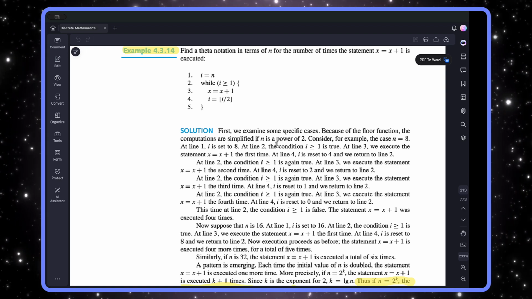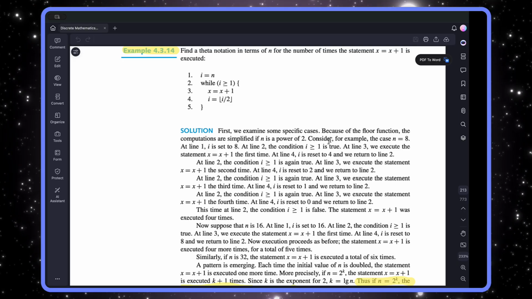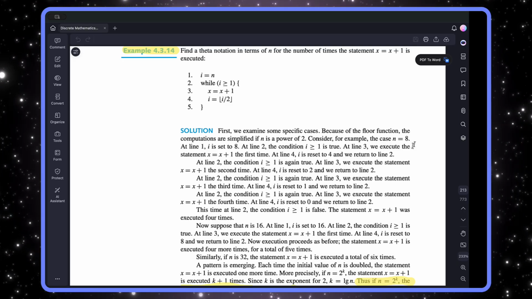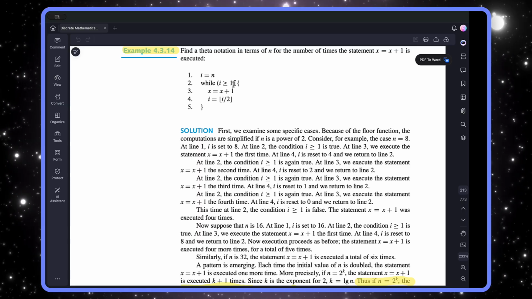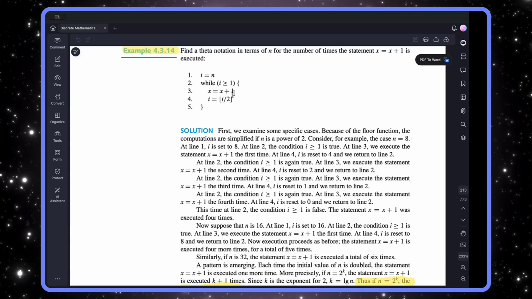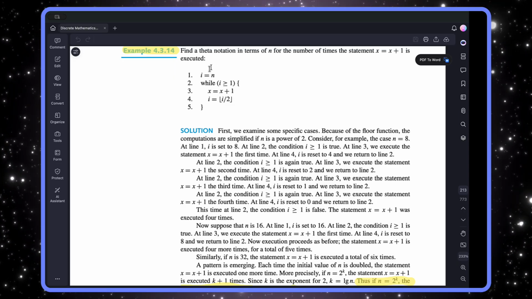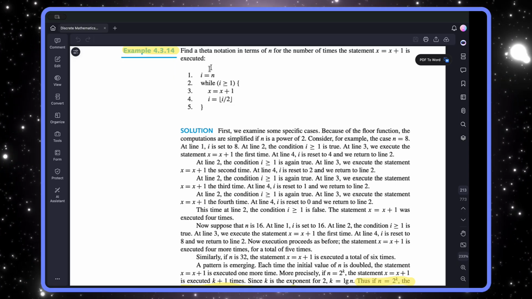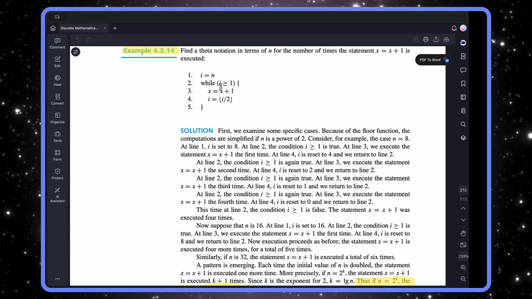So you really have to think about this stuff when you're doing this. At line 2, the condition i is greater than or equal to 1 is true. At line 3, we execute the statement. And then what happens? At the division line, it gets turned into a 4, and i is reset to 4. You go back up and return to line 2, and that's true, and you go around.